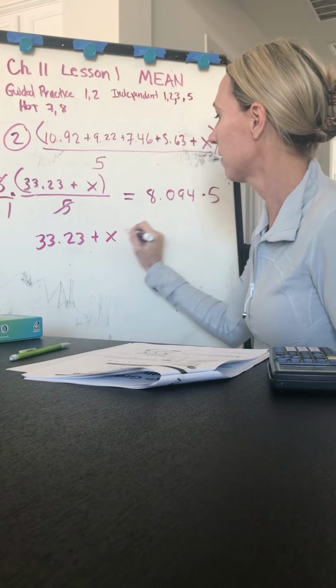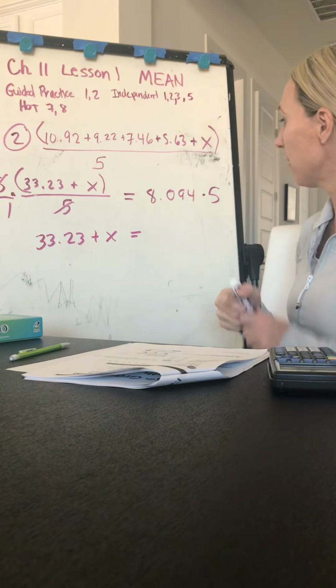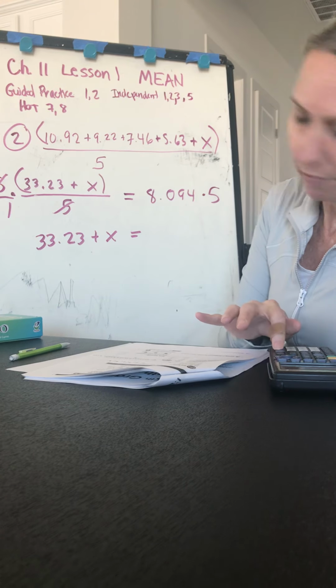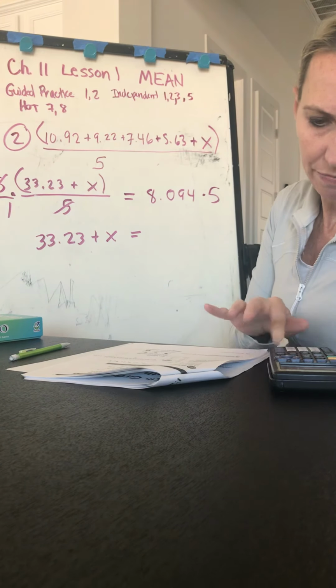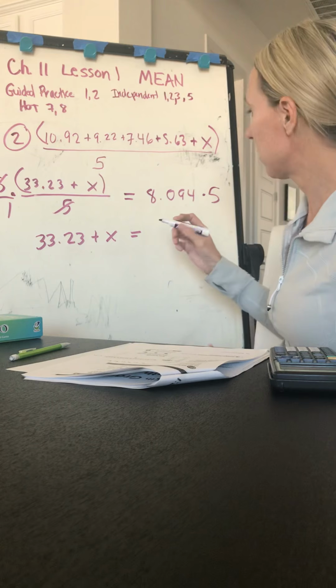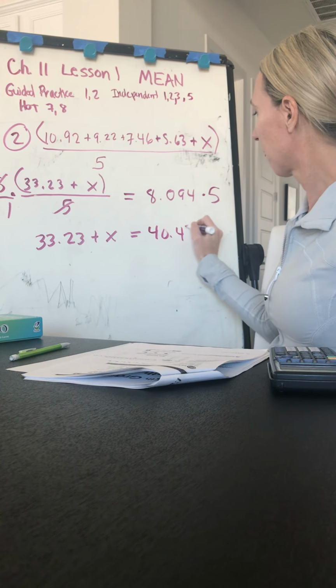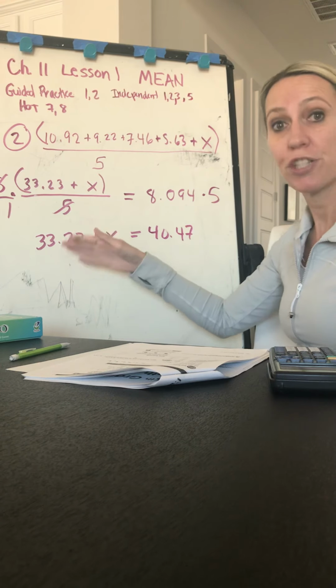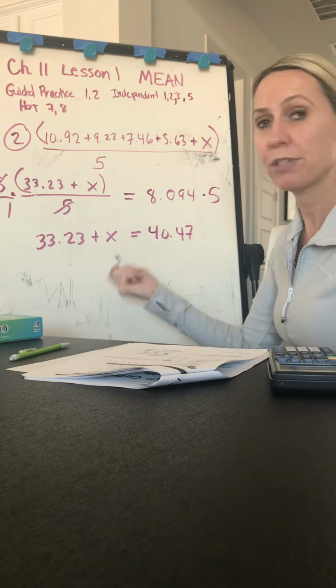33.23 plus x equals, and now I'm going to do 8.094 times 5, and I get 40.47. Okay, now to get x by itself, this is addition, so you do the inverse or opposite operation, which is subtraction.